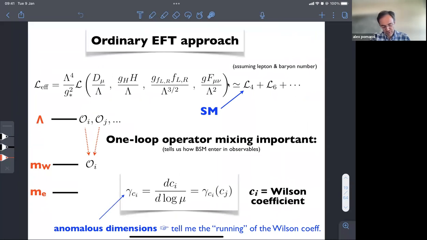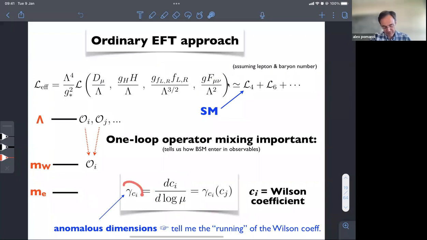The evolution of the Wilson coefficients with the scale is characterized by what is called the anomalous dimension. This is the definition of the anomalous dimension: the derivative of the Wilson coefficient with respect to the log of the scale mu.